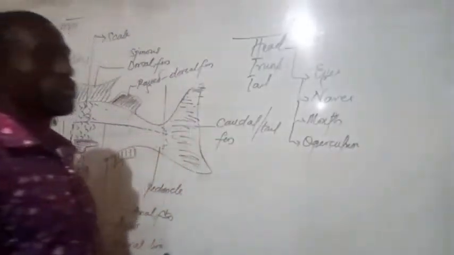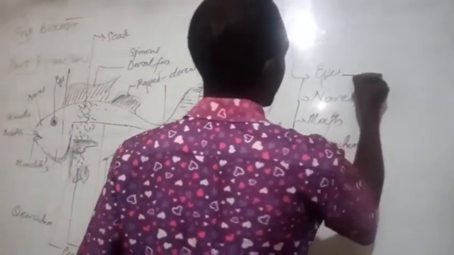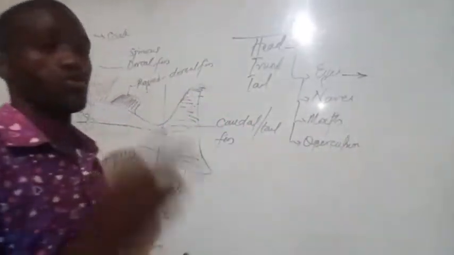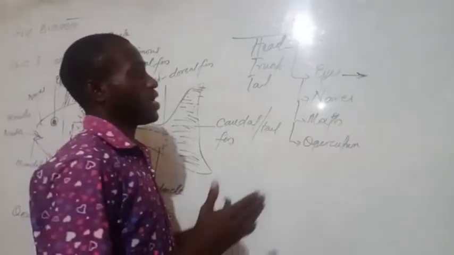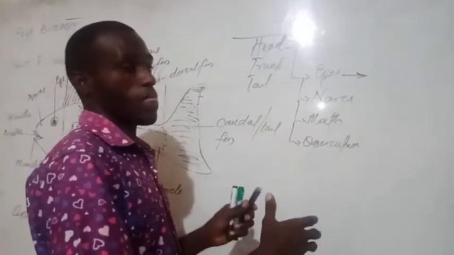All right, now let's treat the function of these parts. What is the function of the eyes? In a fish, there are basically two eyes, located on either side of the fish.